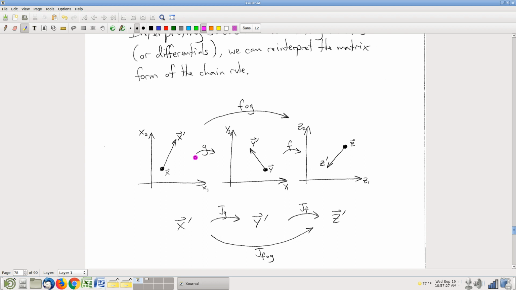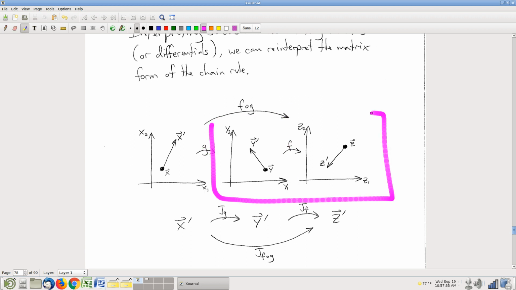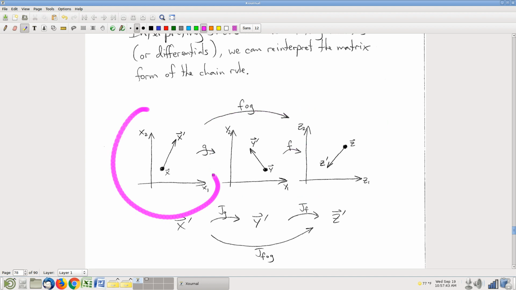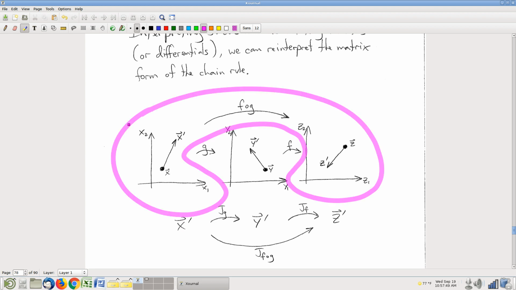Suppose y's are functions of x's. Suppose z's are functions of y's. Well, then by composition, the z's are functions of the x's.